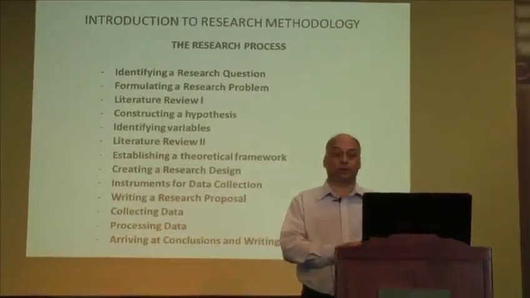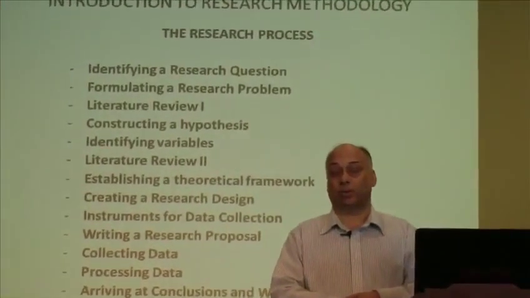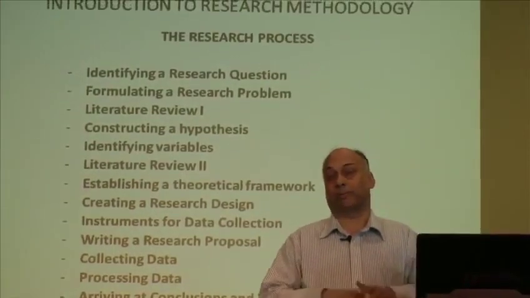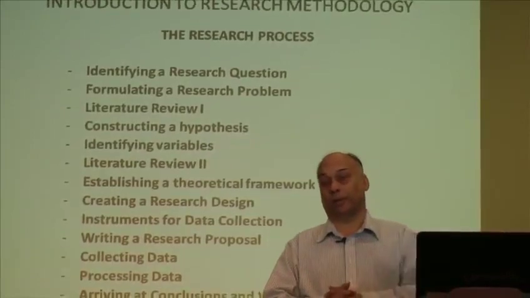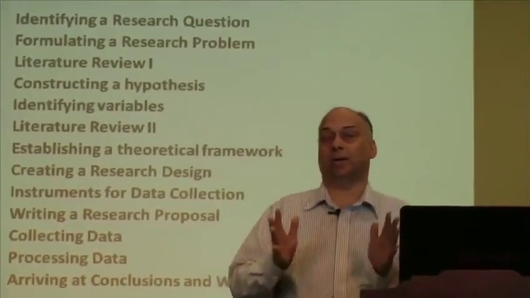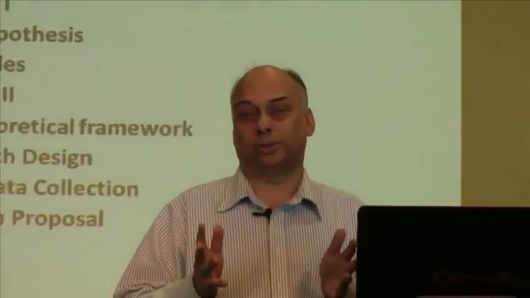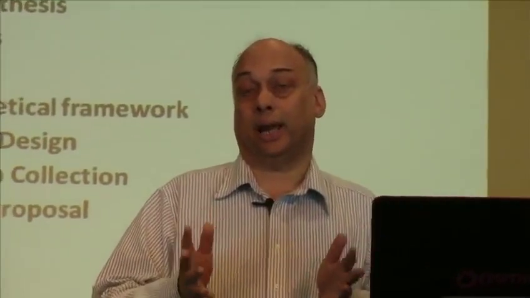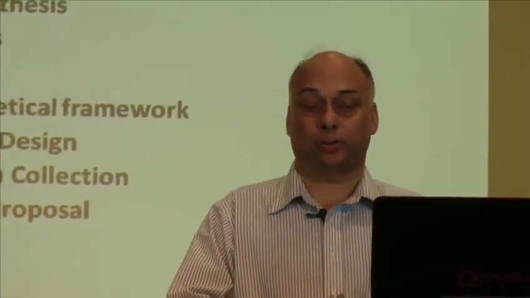So in a research process, you first need to identify a research question. A research question is a very broad thing. It has to do with what is the topic, not the specific topic, but the area that you are going to research, what interests you as an area that you want to study. That is the broad research question.